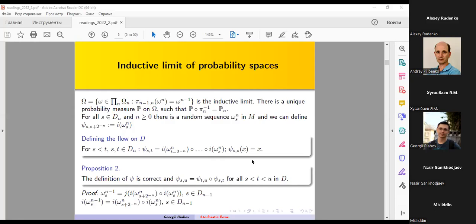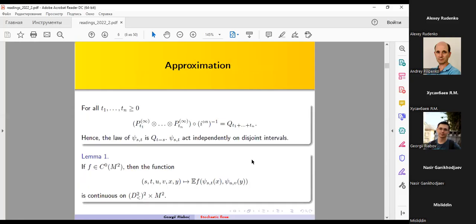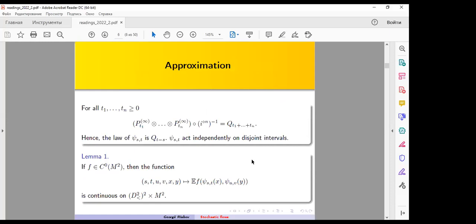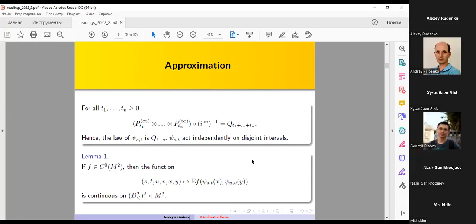Now let us approximate all other mappings, and recall from last time that if we take independent sequences distributed as p infinity t1 ... tn and compose them using mapping I, we get the distribution q t1 plus ... plus tn. It follows that the law of psi is the needed one, and psi acts independently on disjoint intervals also by our construction.